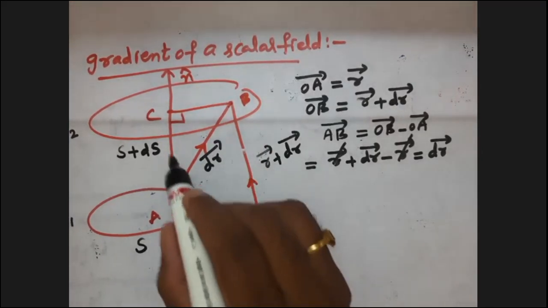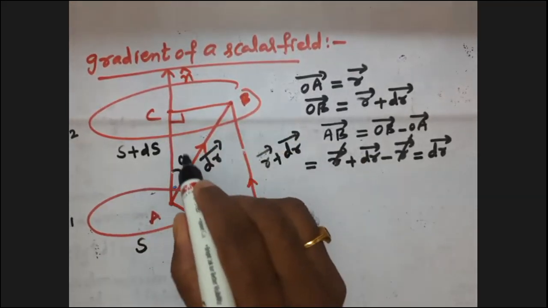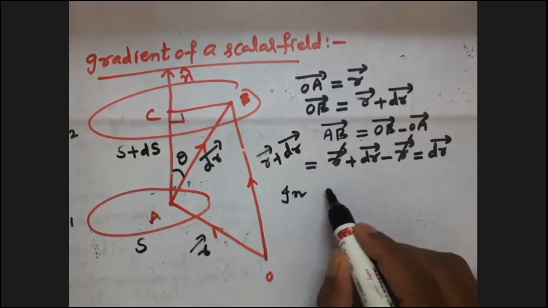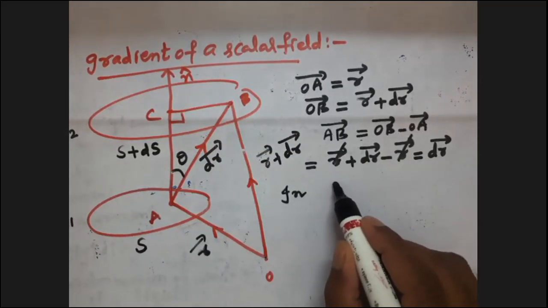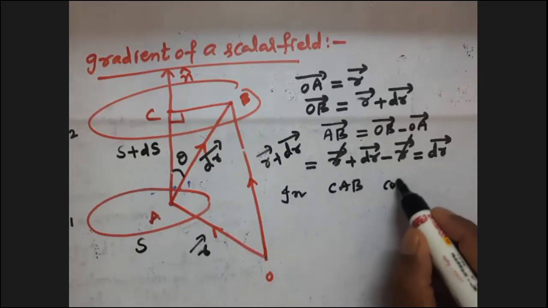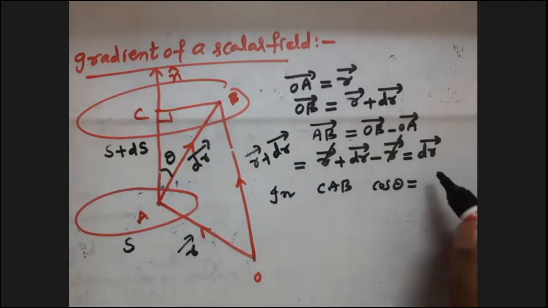The angle BAC or angle CAB, say theta. Then consider the triangle CAB. In that, take cos theta. Cos theta equals adjacent side AC by hypotenuse AB.